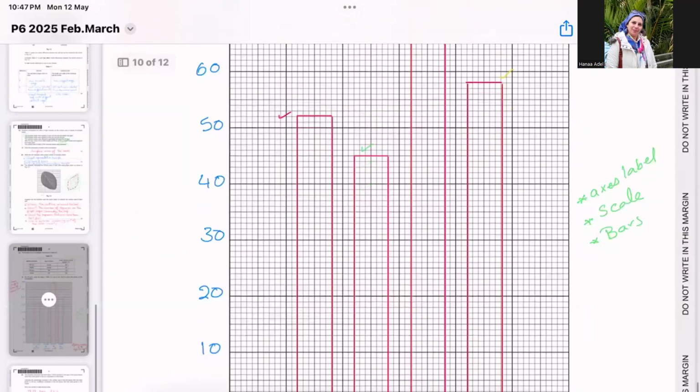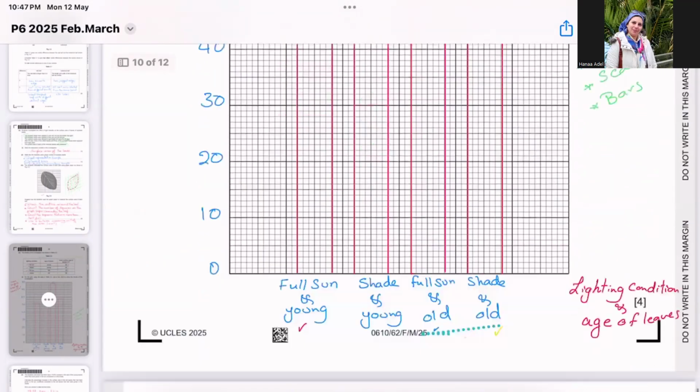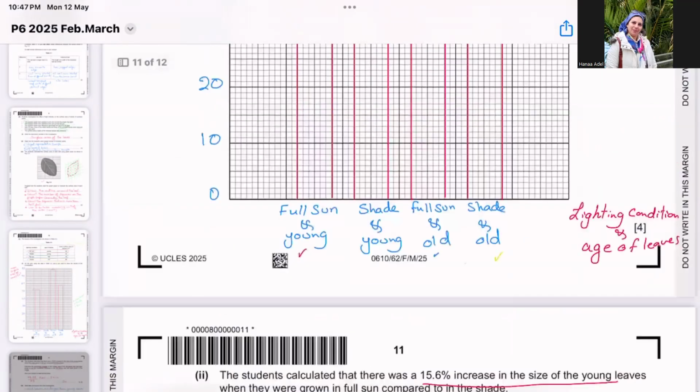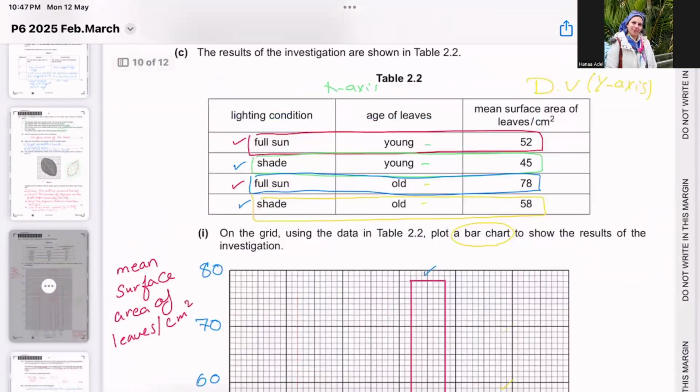Next question. The student calculated there was a 15.6% increase in the size of the young leaves when they were grown in full sun compared to the shade one. Calculate the percentage increase in the surface area of the old leaf that had been grown in full sun condition compared to the old leaf that grown in the shaded one. So the data, yes, we have these data, okay.